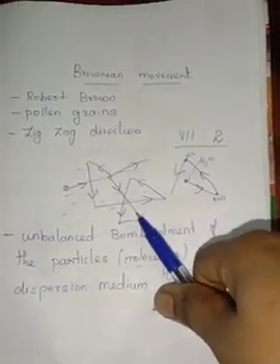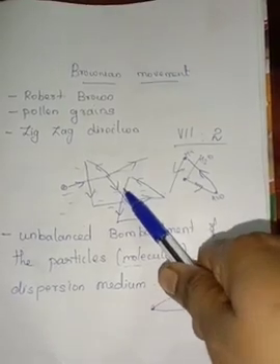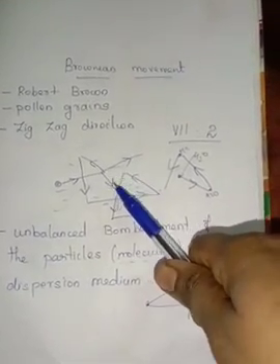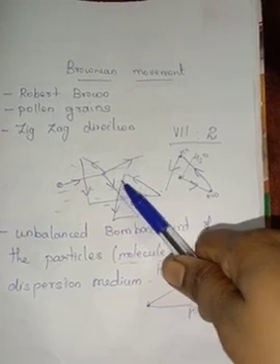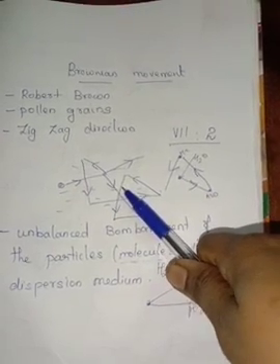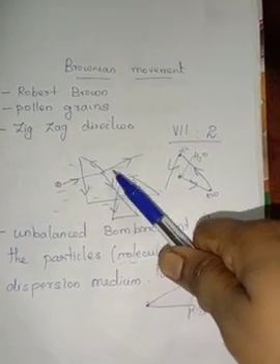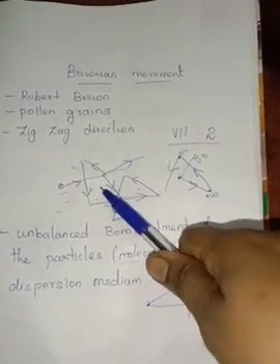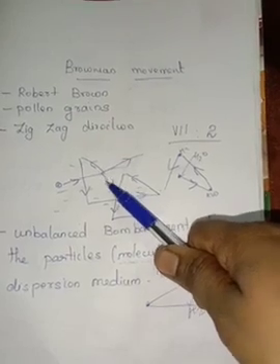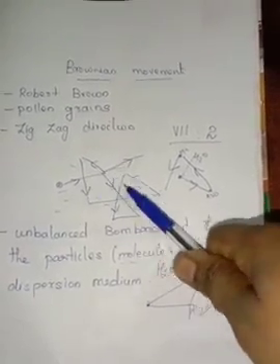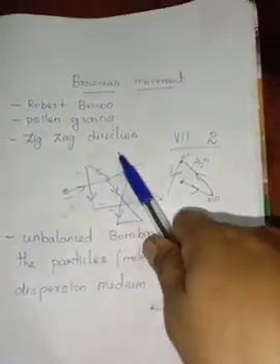So this is the reason why the colloidal particle shows Brownian movement, because we know that no solid particles are present in a true solution and in a suspension everything settles down. Only in the colloidal solution are colloidal particles dispersed. So these colloidal particles are hit by the molecules present in the medium, which makes them move here and there in a zigzag direction.